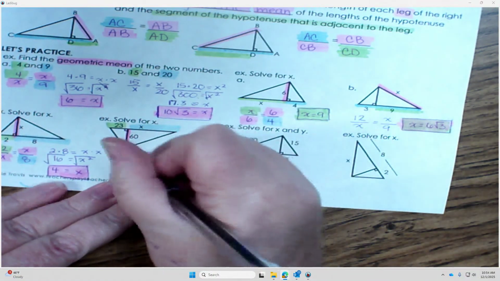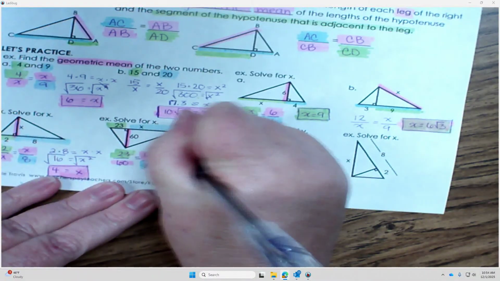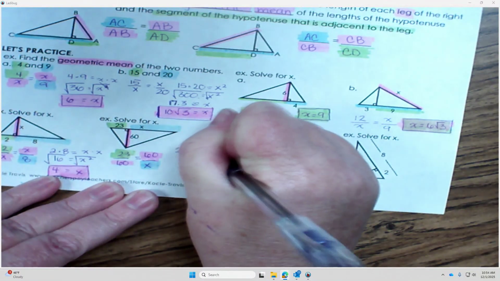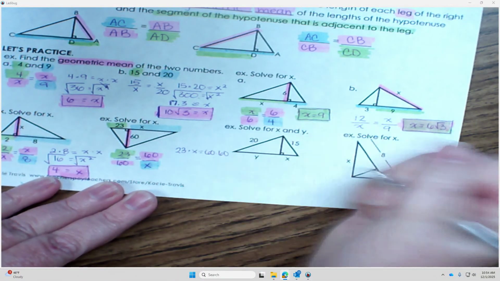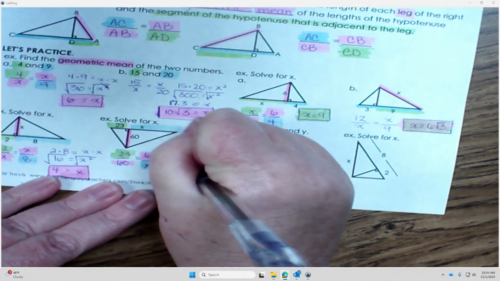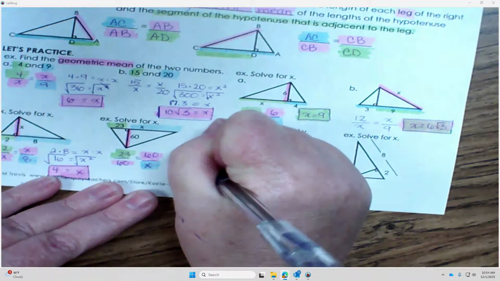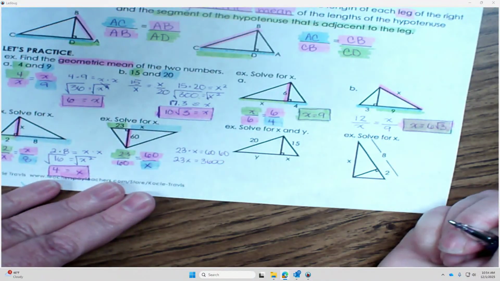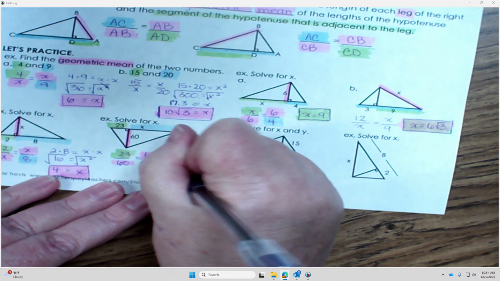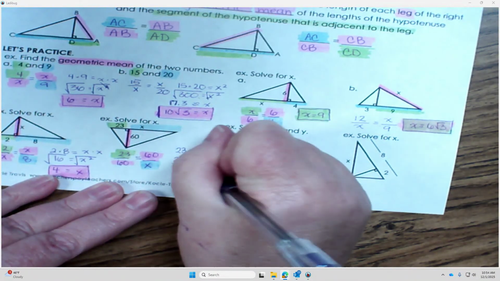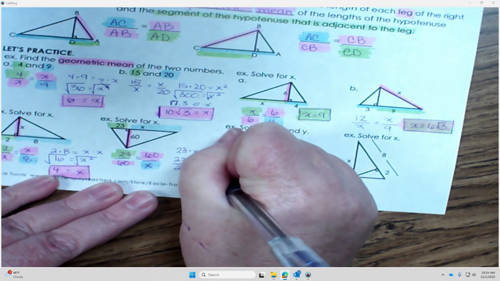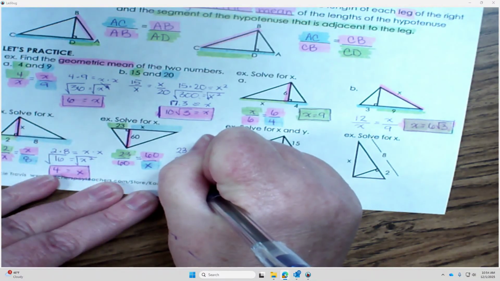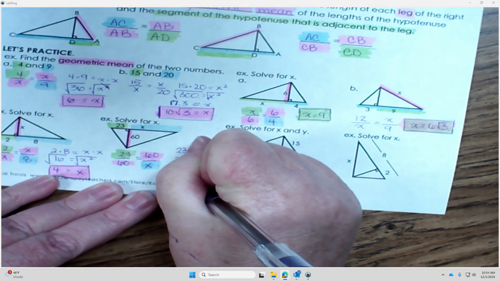And so we can do 23 times x is equal to 60 times 60. That gives me 23x is equal to 3600. I'm going to let you guys get a decimal on this one because I don't want to make this video long enough to talk about getting a fraction from this.